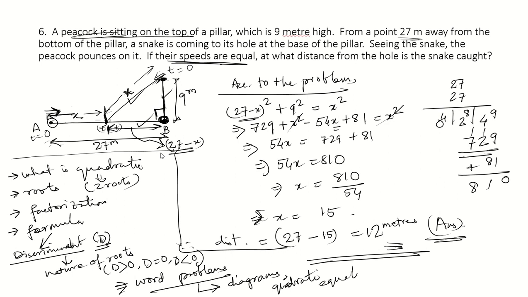So this is our way of approach for a quadratic equation. I just summarized a bit here so that you understand what a quadratic equation is and how we got the required answer to all the problems.